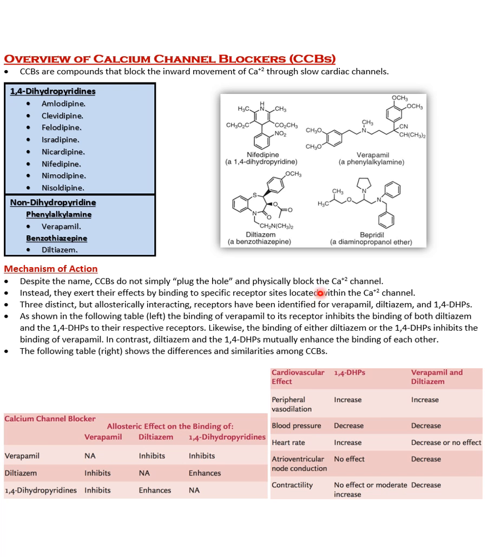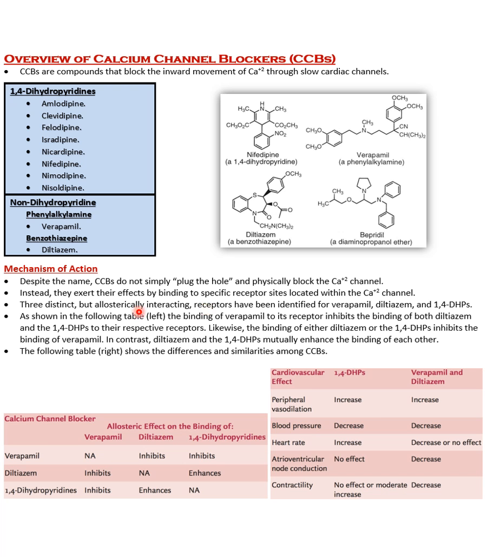Anyway, so the L receptor has certain binding sites where these drugs bind to, and they change the structure of the channel such that the channel is blocked and is no longer able to let the calcium pass through.